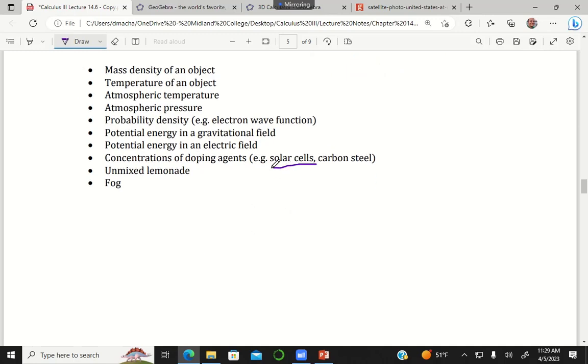In the manufacture of solar cells, if you want to do the old-fashioned silicon crystalline photovoltaic cells, you start off with a big slab of silicon.